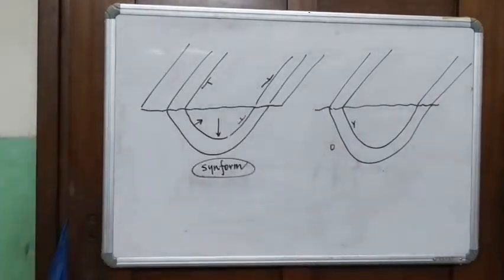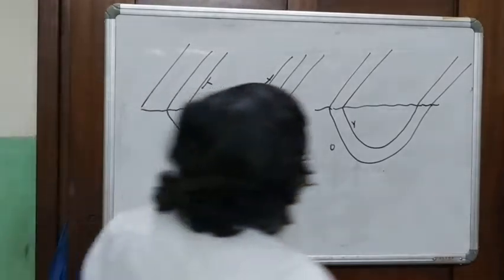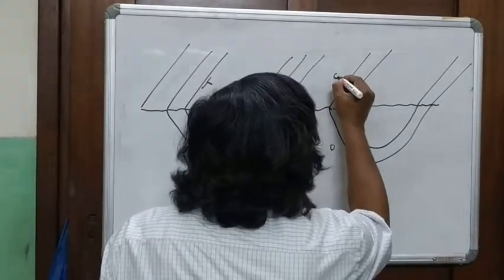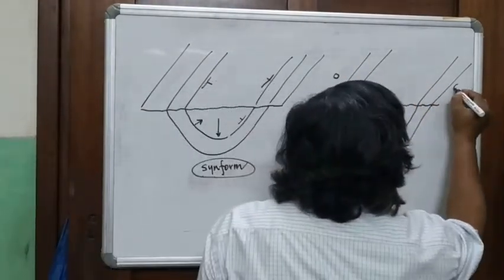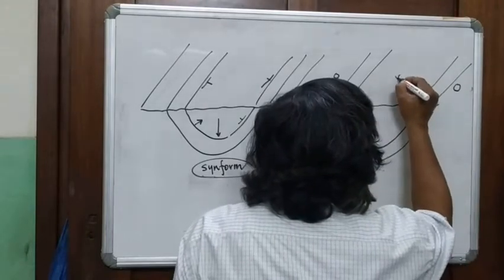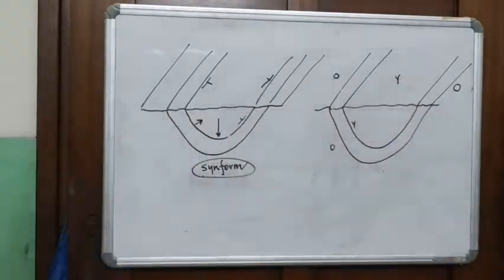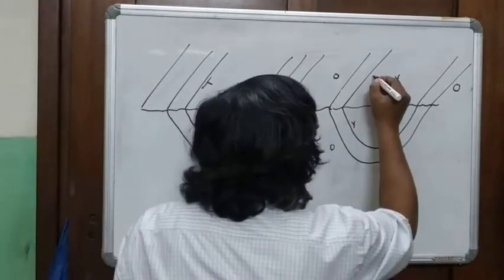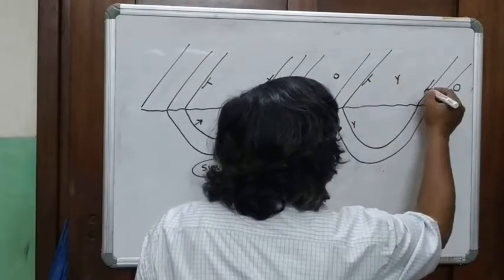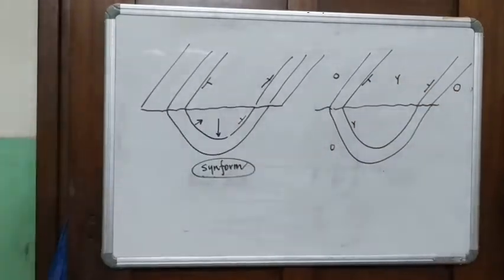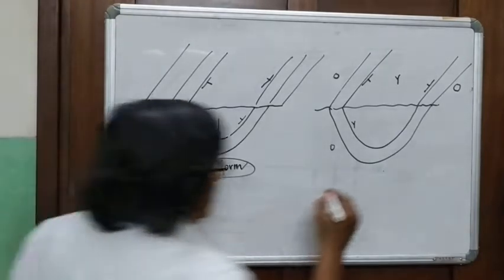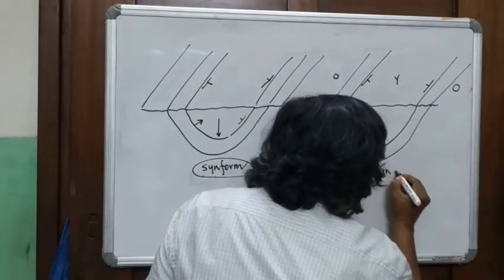That's the normal sequence. So here you will have older rocks, here you will have older rocks, and here you will have younger rocks. And the dip is towards each other. So this is what is called a syncline.